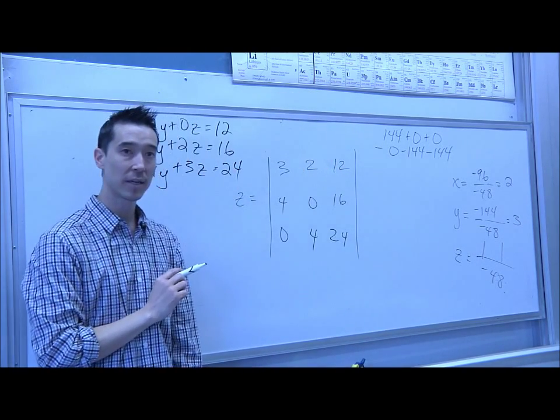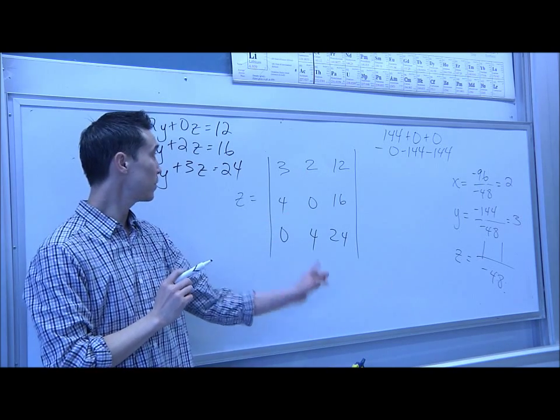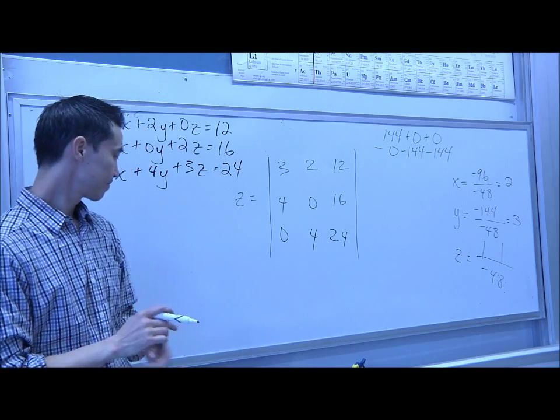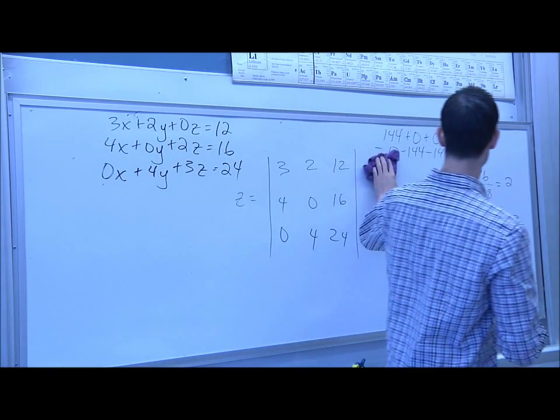This should be your determinant, right? I'm only replacing the z column with 12, 16, 24. All right, solve it for me, please.